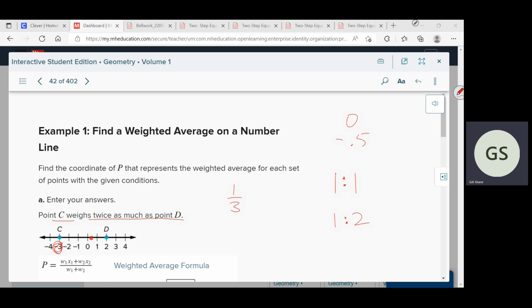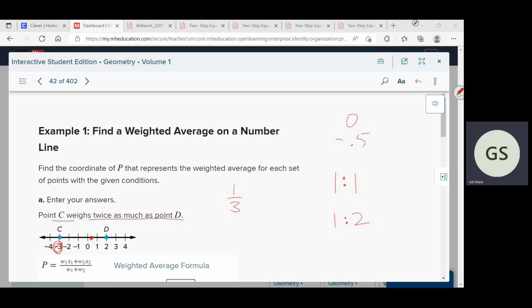So now I need to figure out the length of the line. How do I figure out the length of the line from C to D? What's length, we said?